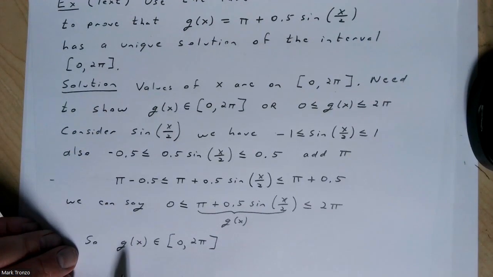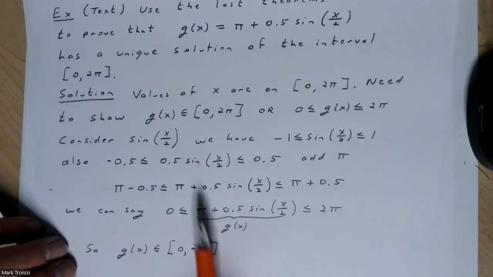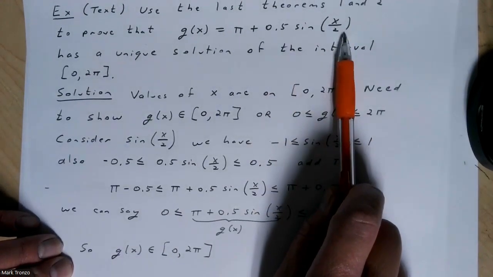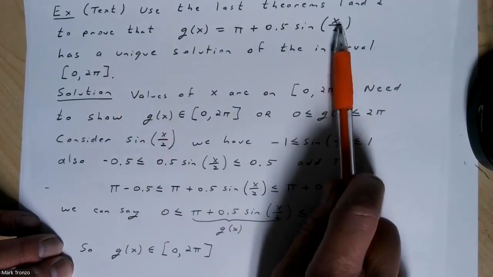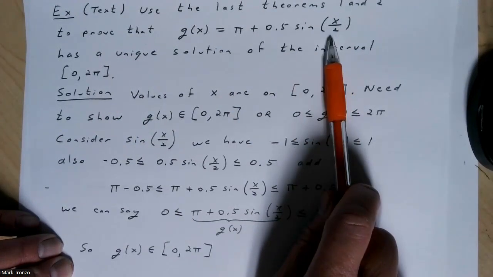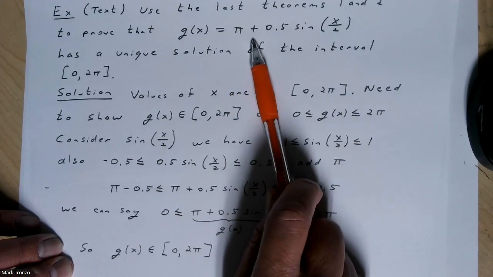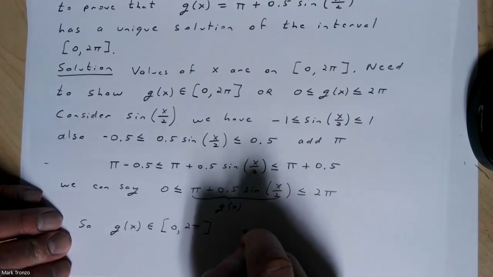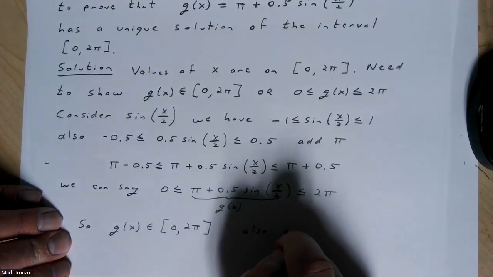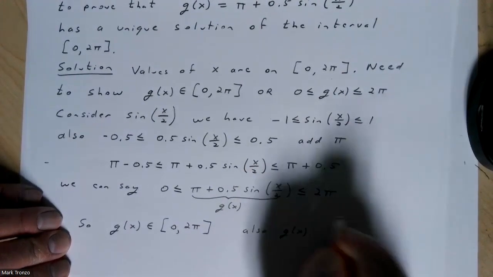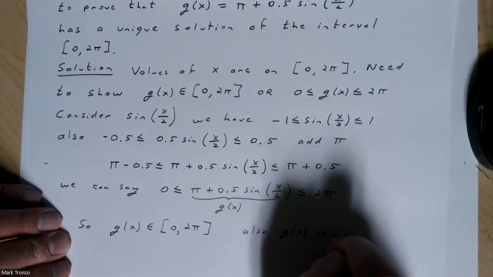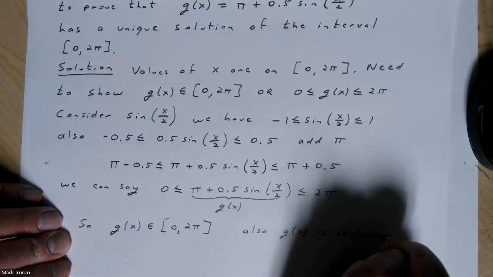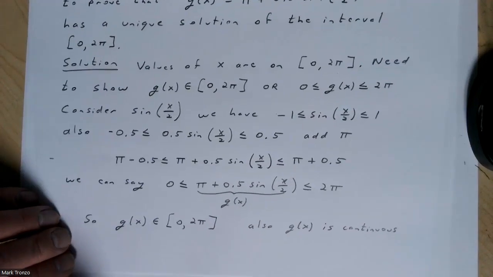So we have this, and also our function is continuous, right? Because if we're putting in values of x from 0 to 2 pi, this sine is going to be continuous. Pi is just a constant, which is of course continuous. Also, g of x is continuous on our interval, and actually it's continuous for any real numbers.